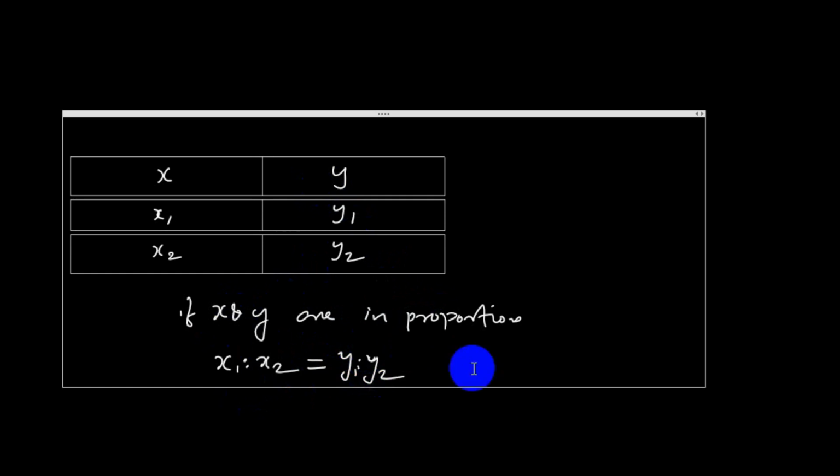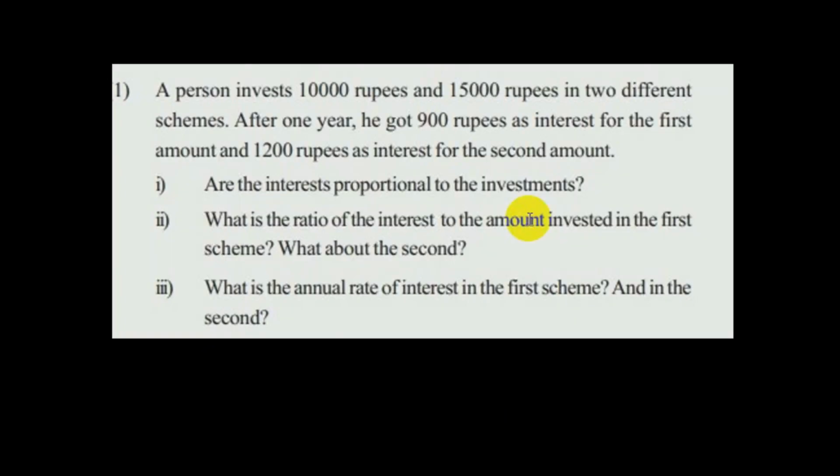See the first question. Now read the question. A person invests 10,000 rupees and 15,000 rupees in two different schemes. After 1 year, he got 900 rupees as interest for the first amount and 1,200 rupees as interest for the second amount.